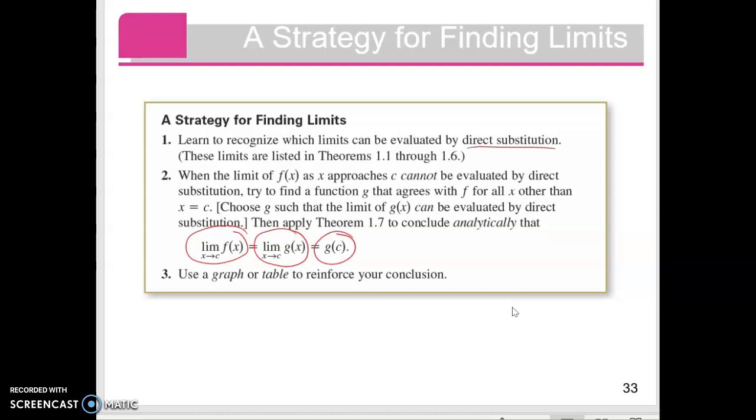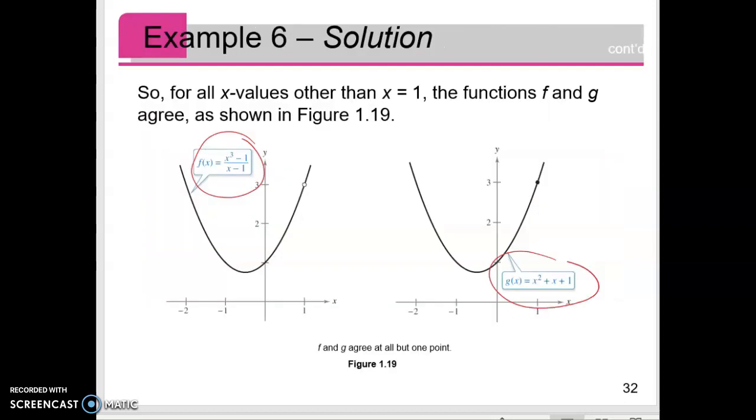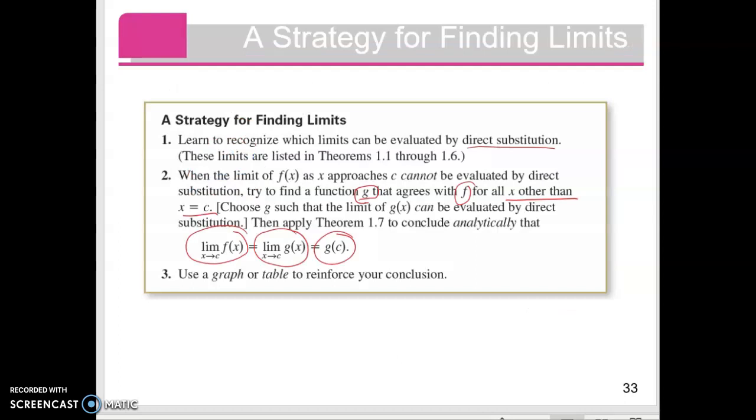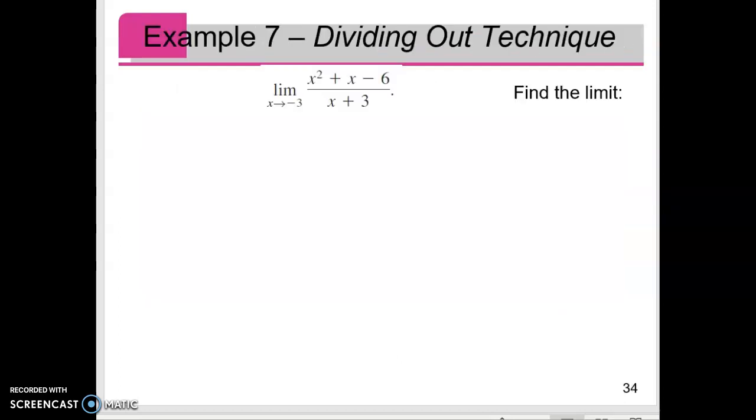When the limit as x approaches c cannot be evaluated by direct sub, try to find a function g that agrees with f for everything except the point we're interested in. Okay, so that's what we just did. We were given f, we found g. f and g are the same everywhere except at the point we're interested in, x equals 1, but it doesn't matter, they have the same limit. Okay, so that's just a lengthy way to say, do some algebra and then do direct sub.